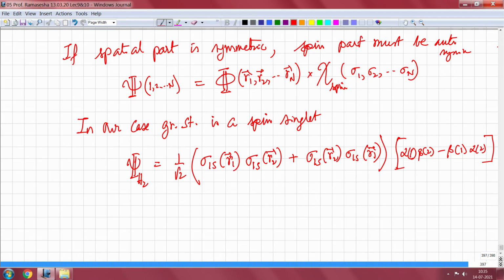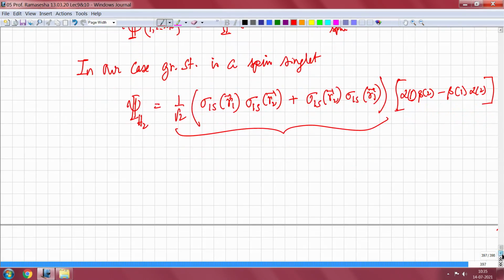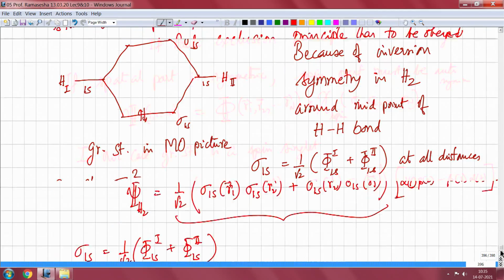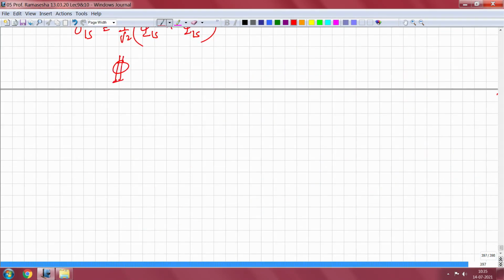Now, let us concentrate on the spatial part. Supposing I substitute for sigma 1s, sigma 1s is equal to 1 upon root 2 times phi 1s1 plus phi 1s2. If I substitute this into psi, then the spatially dependent part phi of r1 comma r2 will simply have the following.